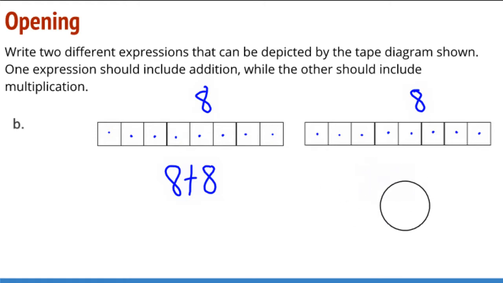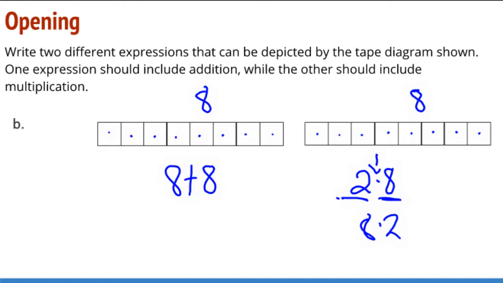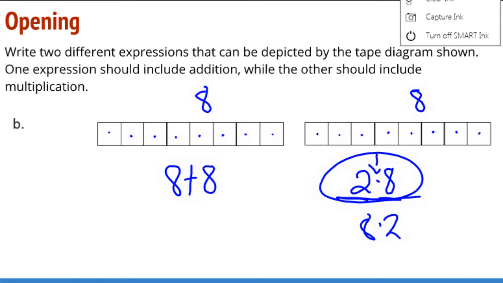Although really, I would be more inclined to say 2 times 8. I really love the meaning of "of" in multiplication. So 2 groups of 8. Although 8 times 2 would still be 16. The answer hasn't changed. The commutative property of multiplication is kind of nice that way. I do like to think deeply about the meaning, though: 2 of 8.